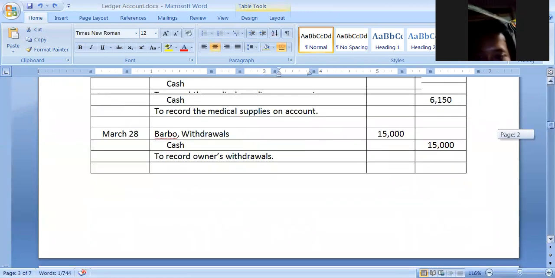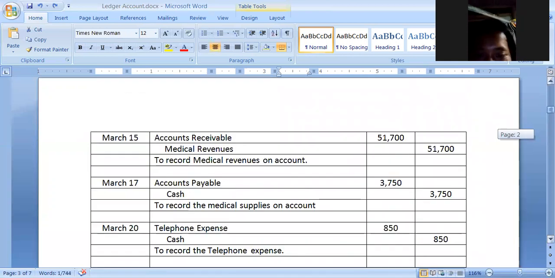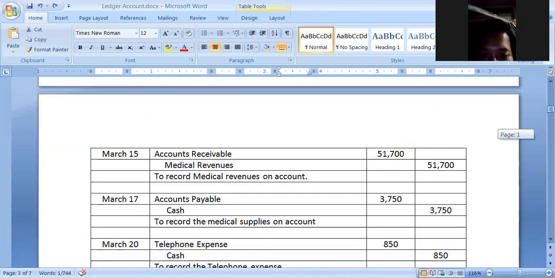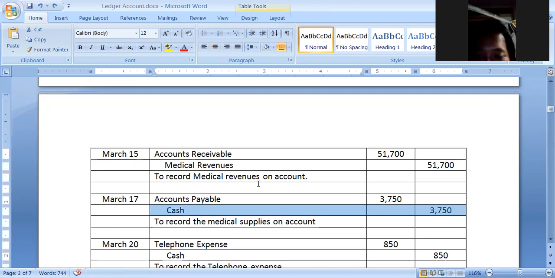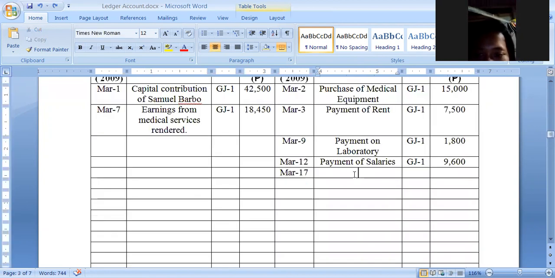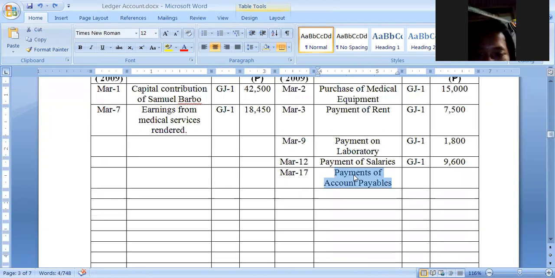March 17. Let's go to journal entry. The cash here is credited, which is 3,750. Payments of accounts payable. General journal, page 1. 3,750 is credited.